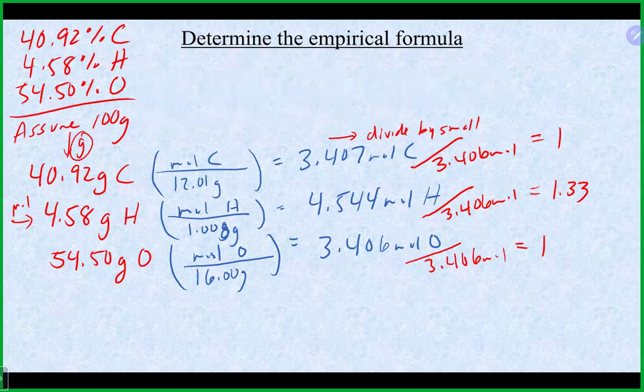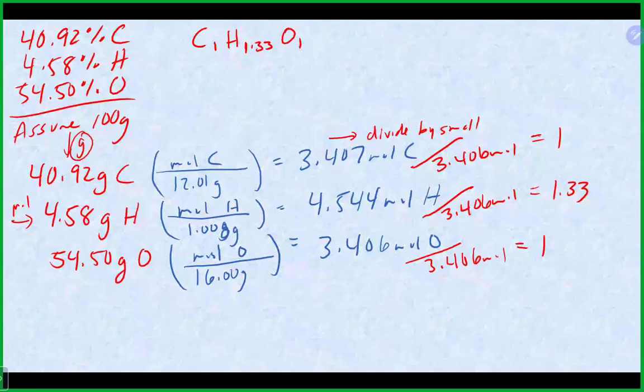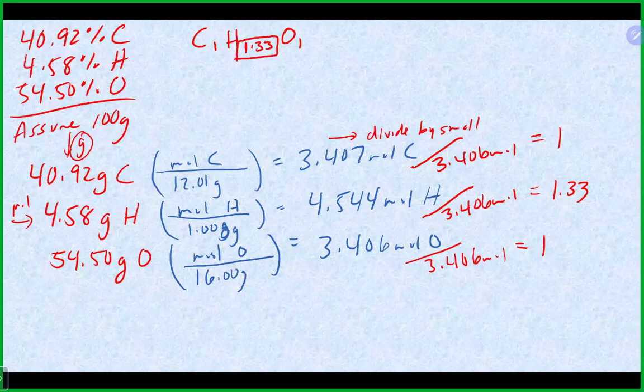This technically would give us an empirical formula at this point of C1 H1.33 O1. As I mentioned a second ago, this is obviously not a whole number, and that ending of 0.33, which is very common as well, is too far to round.